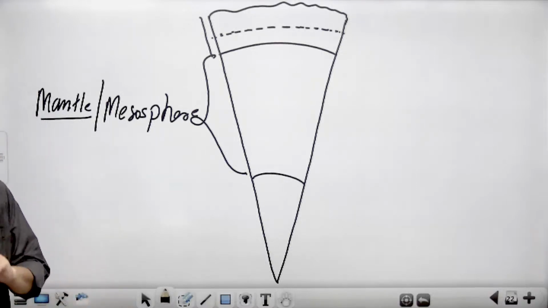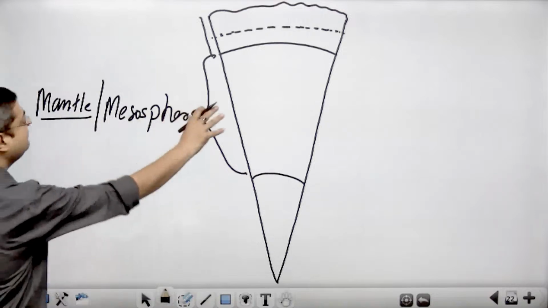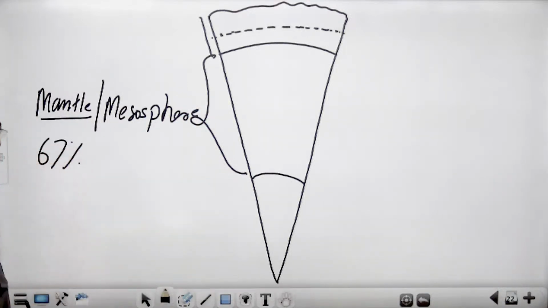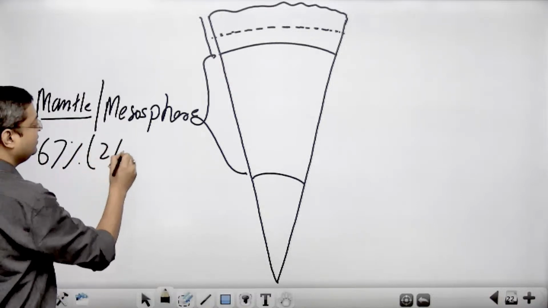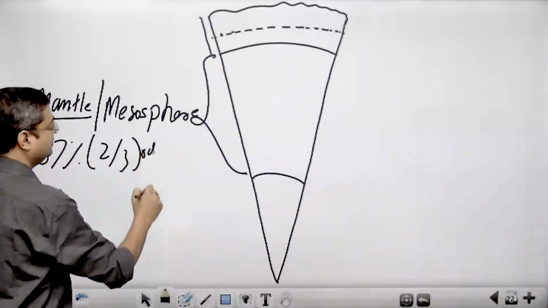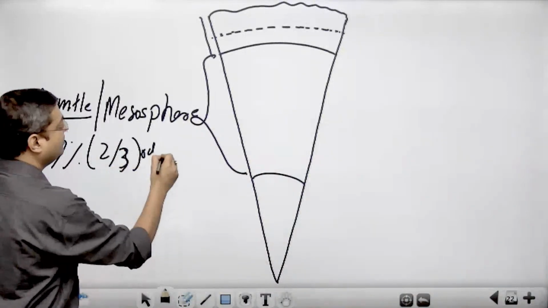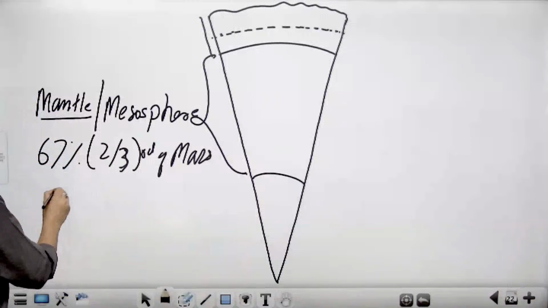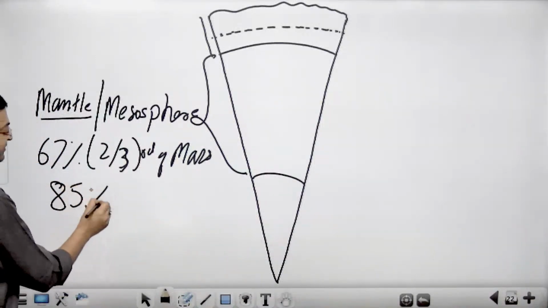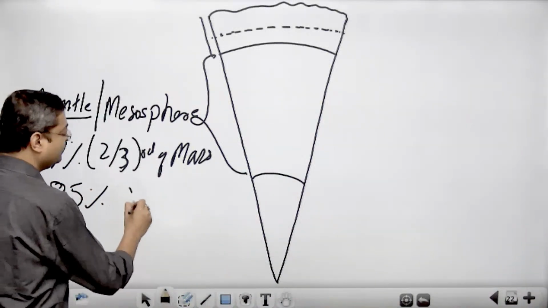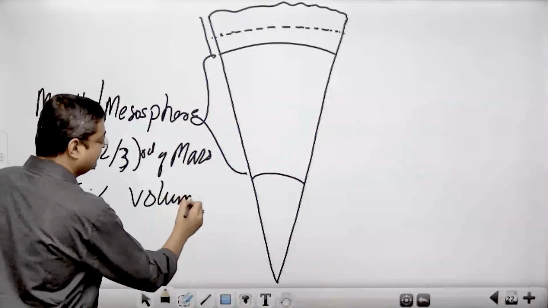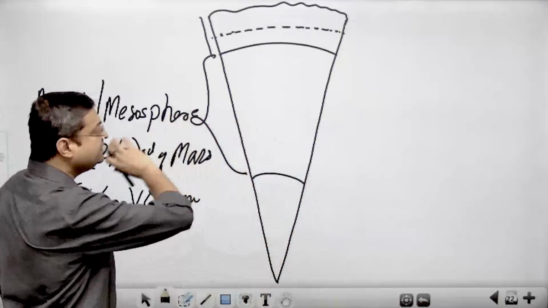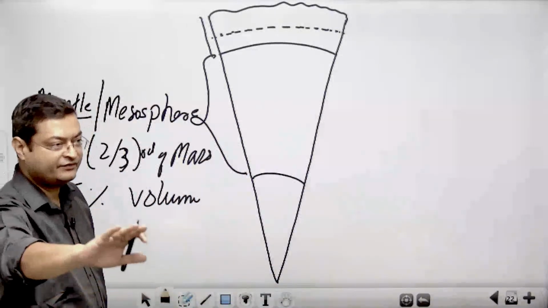Don't write yet. This mantle is approximately 67% or 2/3 of your earth mass and approximately 85% of the total volume.